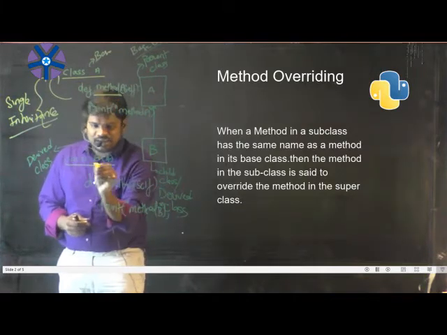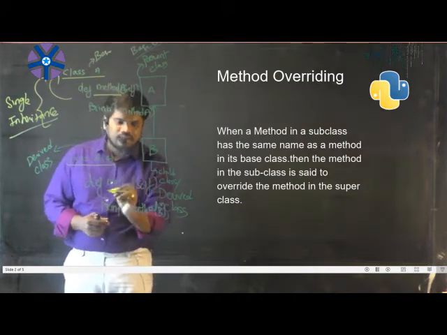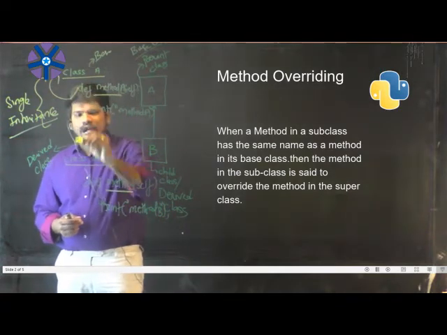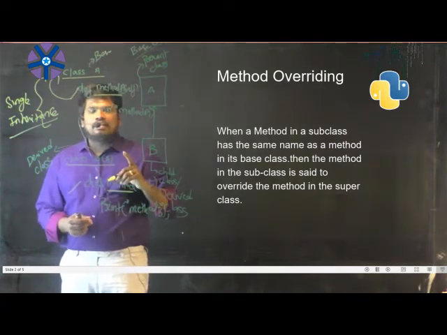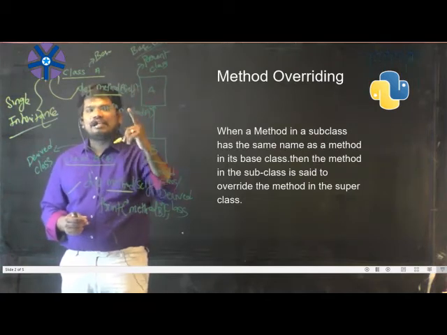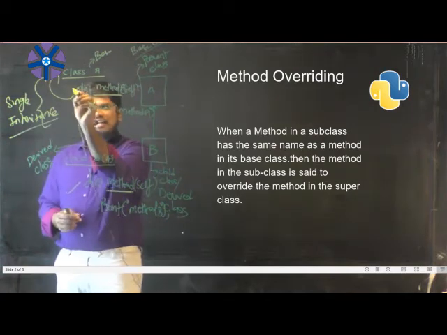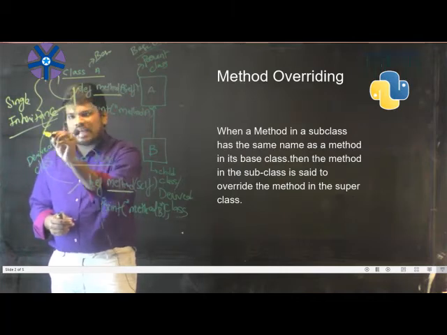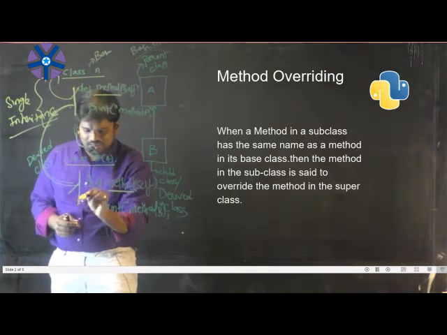And in my class B, again I have taken one method, and the name of that method is method. If you observe both, the names of both methods are the same. As a result, this method has been overridden in this class.